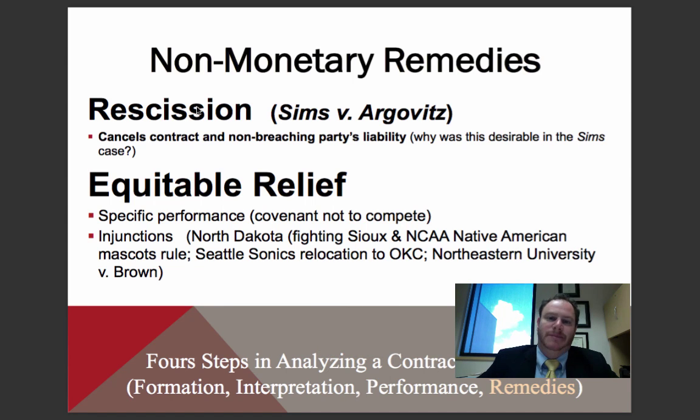But there's also something called non-monetary remedies, and that would be situations where money is not enough. And we remember from Chapter 3, there's different types of courts: criminal court, civil court, and the court of equity.